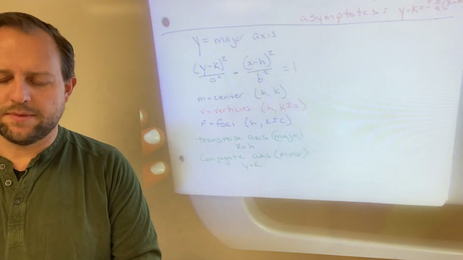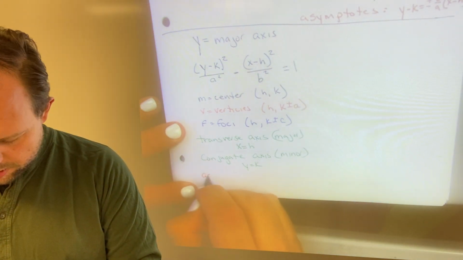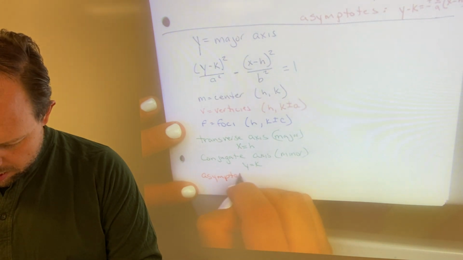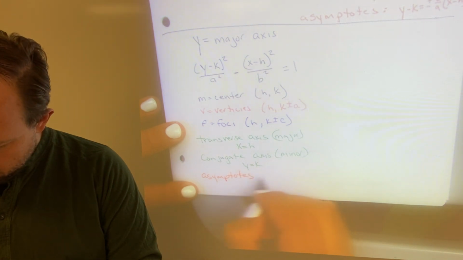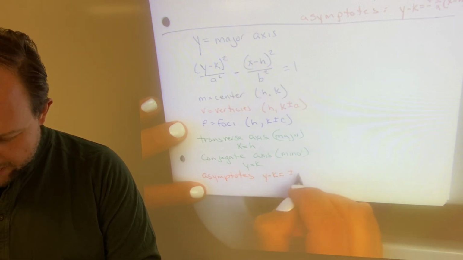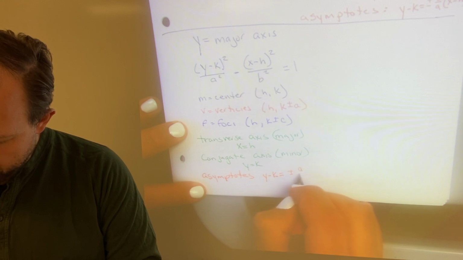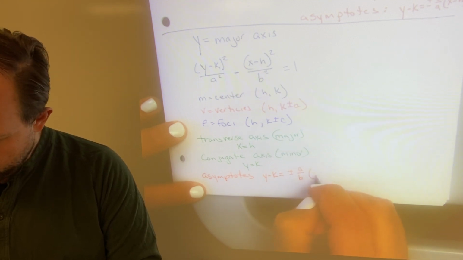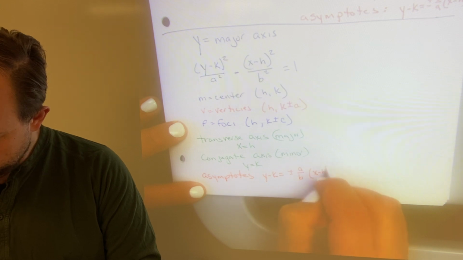And those asymptotes are at y minus k equals plus or minus, the ratio changes, it's a over b and x minus h.